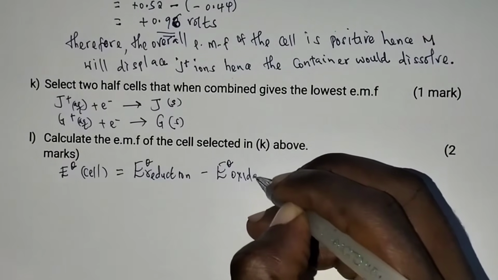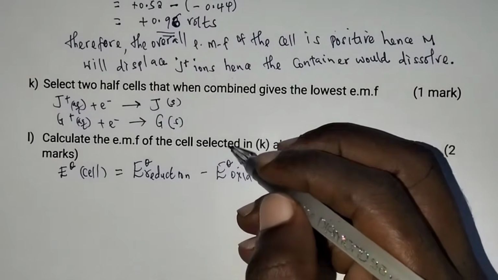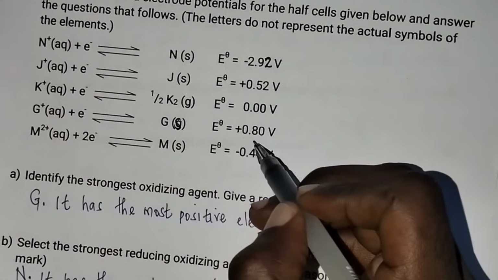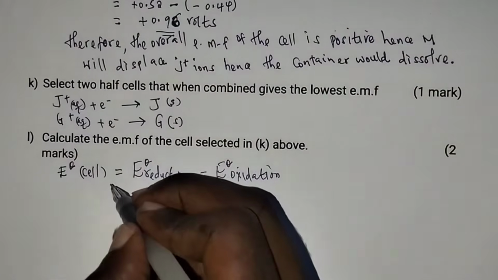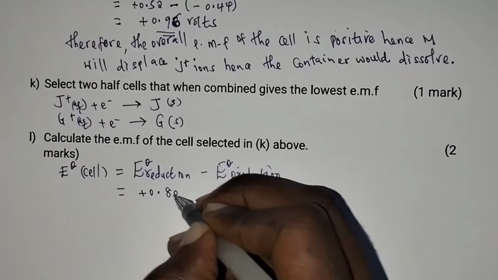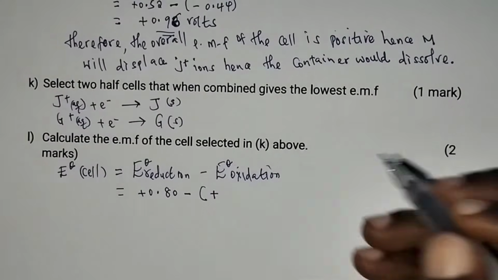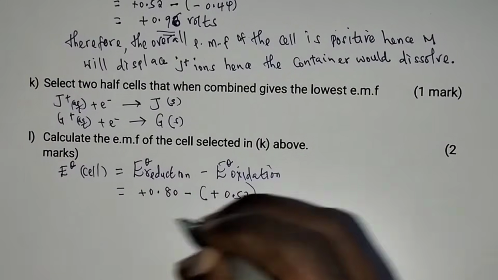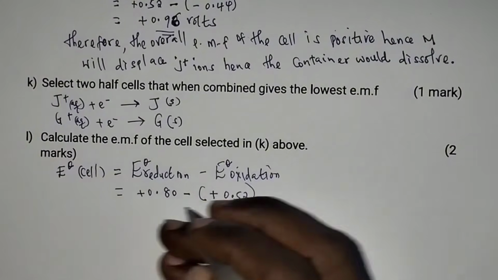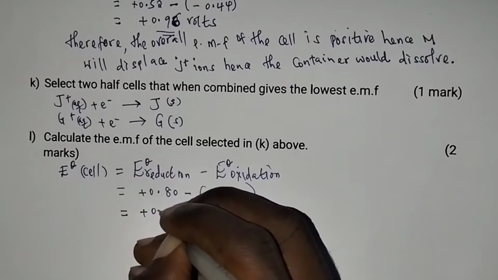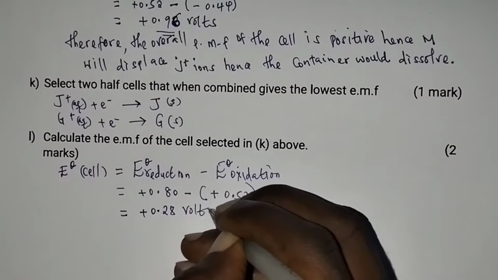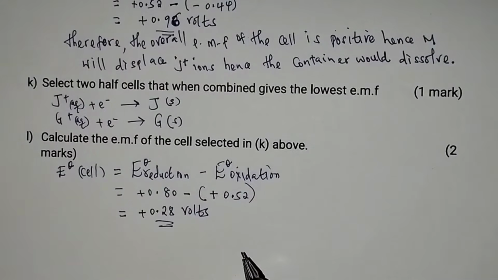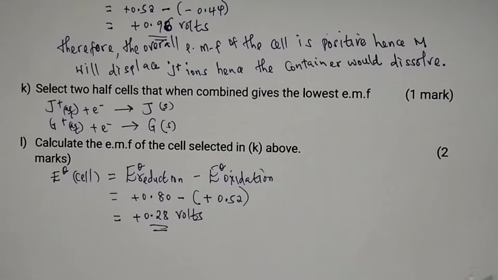So when we check the one for J and the one for G, here we're having G to be the one that undergoes reduction, and that's positive 0.80 minus, in bracket, positive 0.52, the one that's having J. If we put these values in the calculator, we are going to get positive 0.28 volts as our EMF of the cell. So that will be the end of our video today. Thank you.